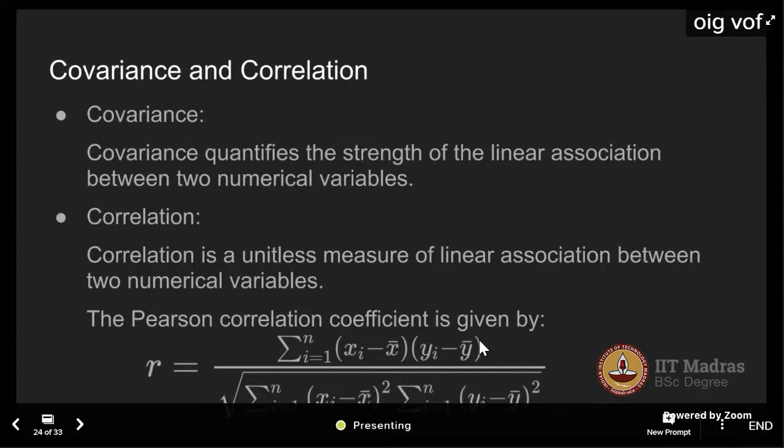If you divide both numerator and denominator by n minus 1, then you can say sample covariance divided by the sample standard deviations of both in the denominator. Is it clear? We are multiplying both, right? Let me clarify it a bit.